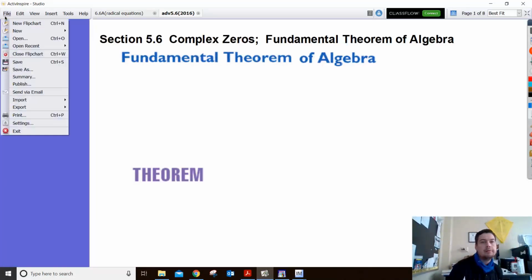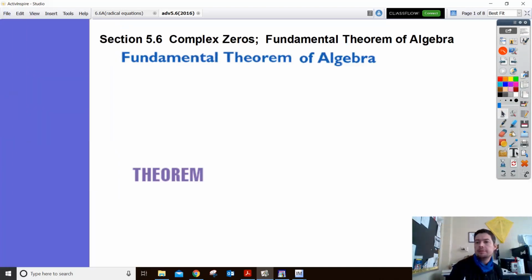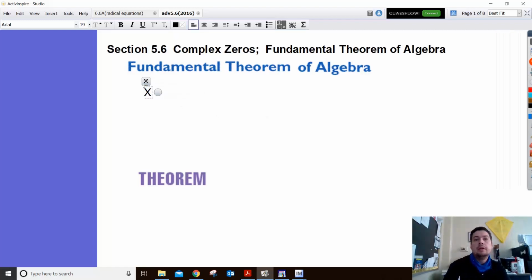12 minutes. All right, so 5-6 is the fundamental theorem of algebra. The fundamental theorem of algebra says that a polynomial of degree x to the n has at least one zero. At least one.